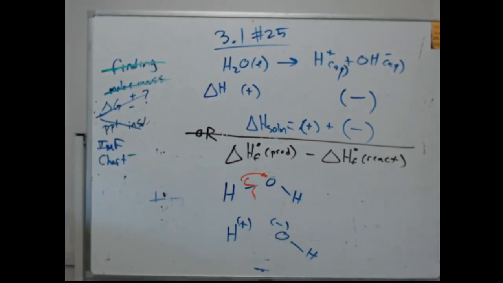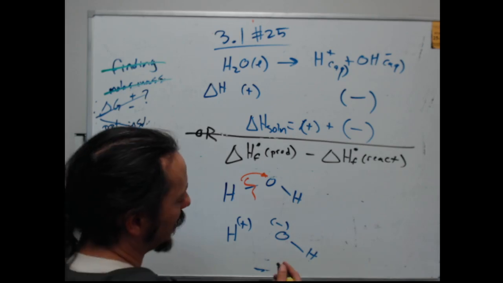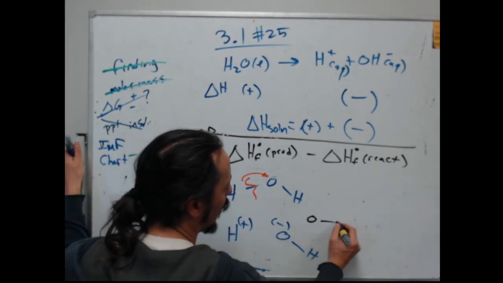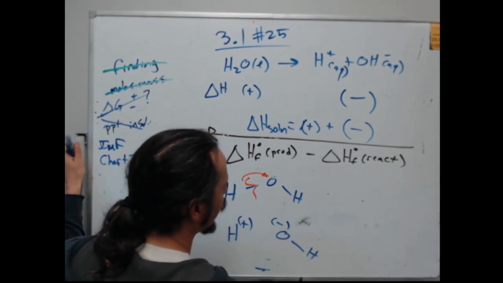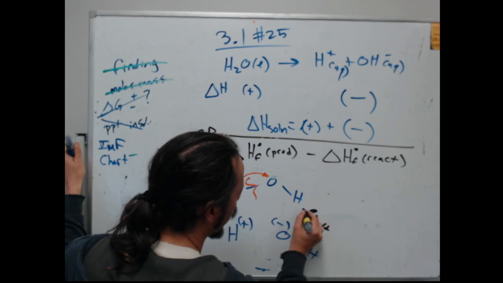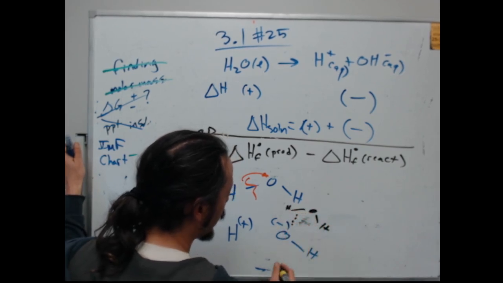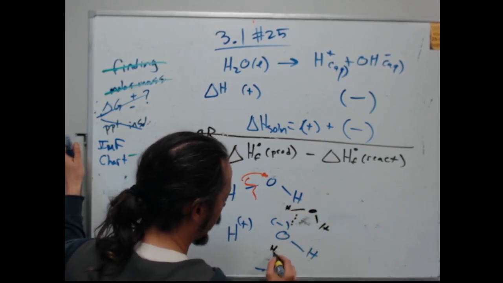I break a bond there to make that happen. The reason this could be tricky is that I should have a bunch of other water molecules. I drew it the wrong direction. I should have some extra water molecules come start to hang out with this guy.